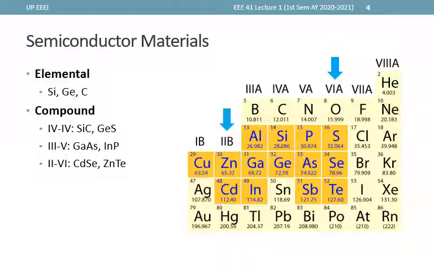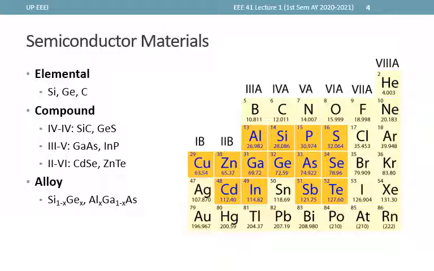Aside from elemental and compound semiconductors, alloys can also be used as a base semiconductor material. If you may have noticed the pattern, elemental semiconductors belong to group 4, while compound and alloy semiconductors have group numbers that sum to 8, which makes each atom effectively have 4 valence electrons.